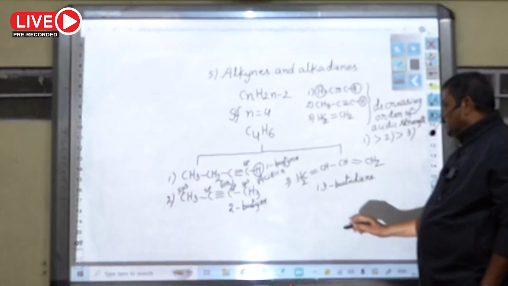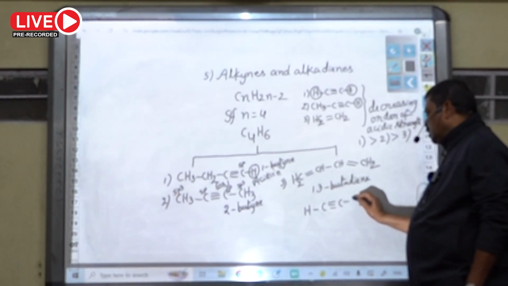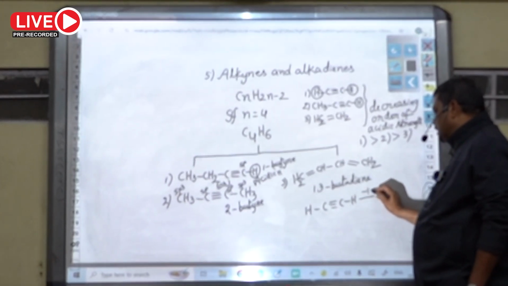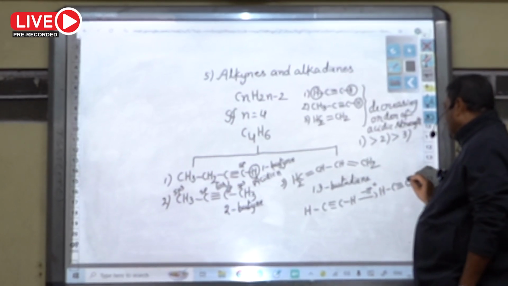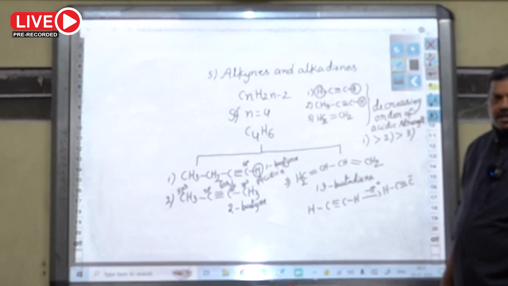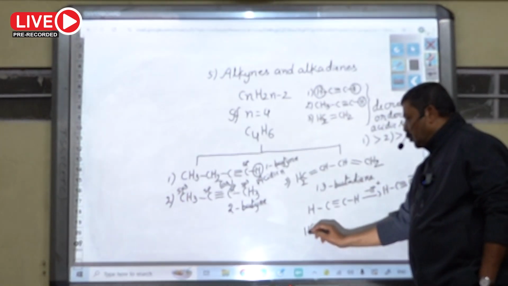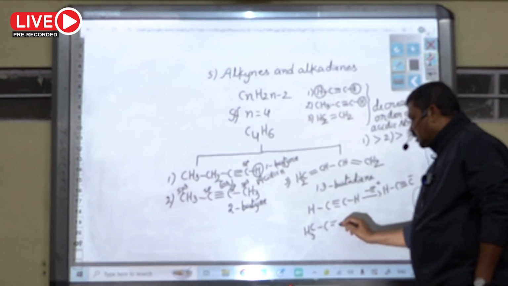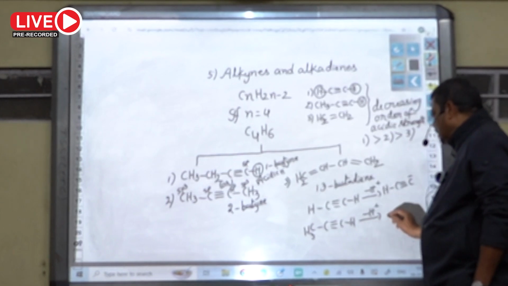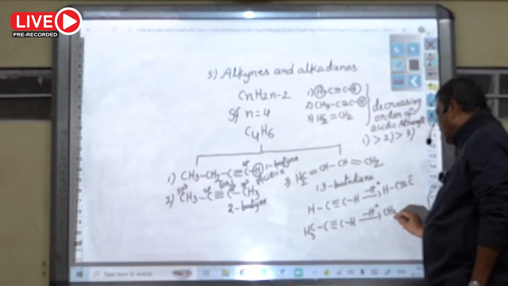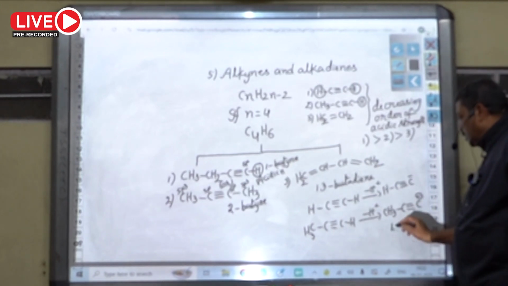Second reason, if the first one loses a proton, H plus, the resulting alkynide ion is not destabilized, whereas if propyne loses acidic hydrogen, the resulting alkynide is unstable.